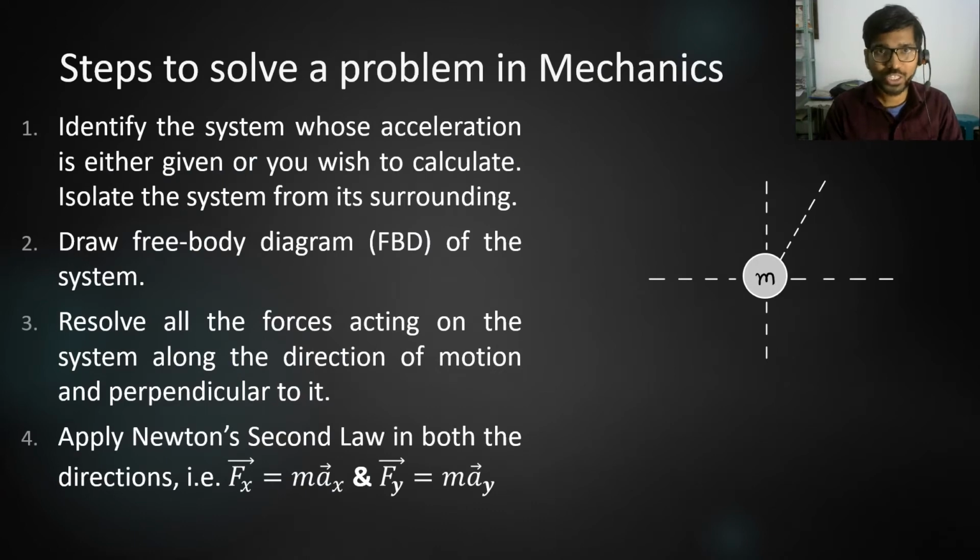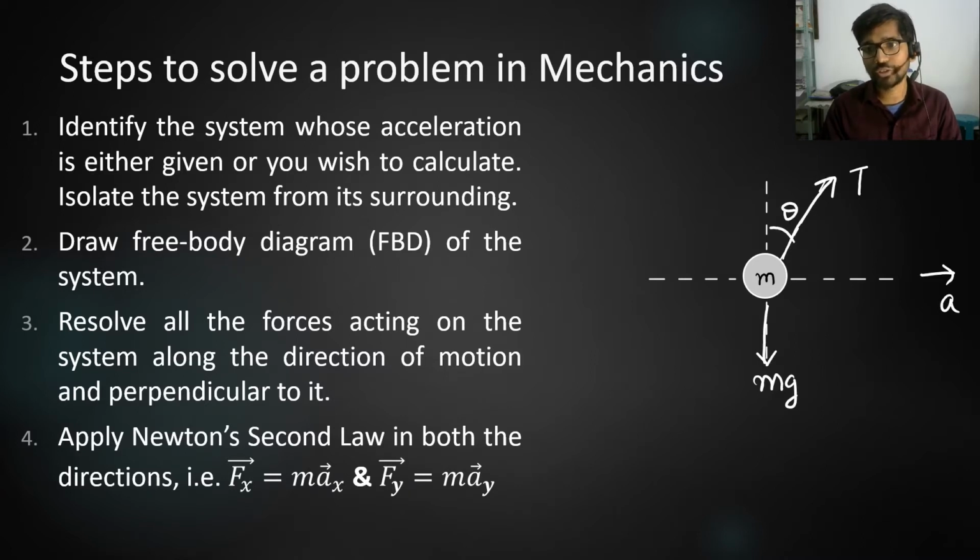Now we will learn steps to solve a problem in mechanics. First, you have to identify the system whose acceleration is either given or you wish to calculate. Then you will draw its free body diagram. For example, in the given problem, we have already drawn its free body diagram in the previous slide. The mg is acting downward and there is a tension in this string which is making an angle theta with the vertical, and the acceleration is in this direction.